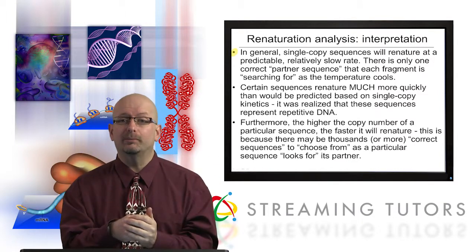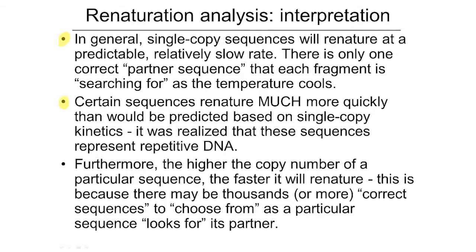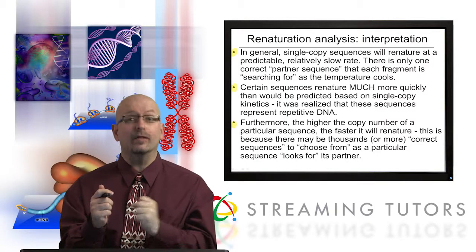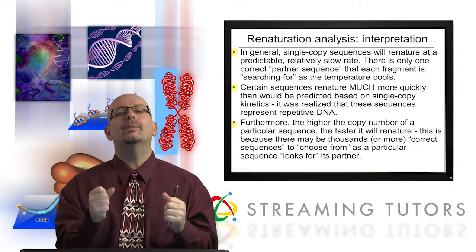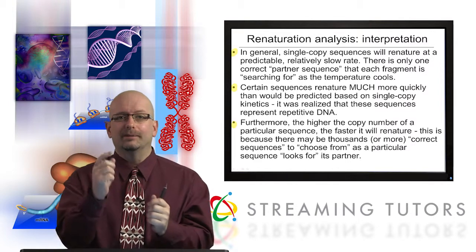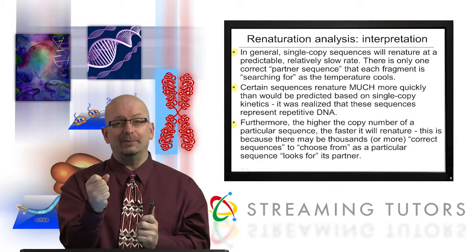So it was found out that certain sequences renature much more quickly than you would predict based on the single copy kinetics, I'll show you a picture in a minute. And it was realized that these sequences represent repetitive DNA. The higher the copy number, the faster it will renature. Because think about a repetitive sequence as opposed to a single copy sequence.